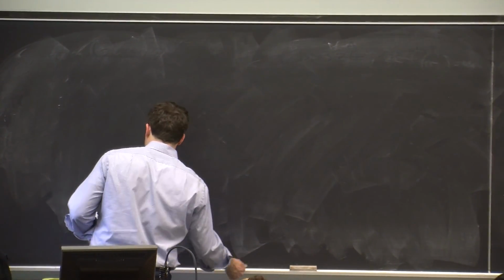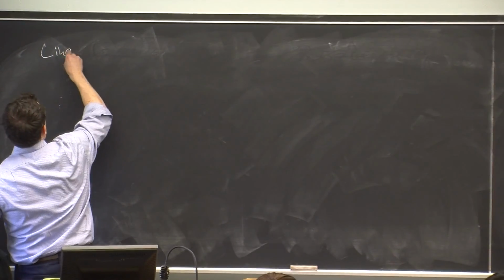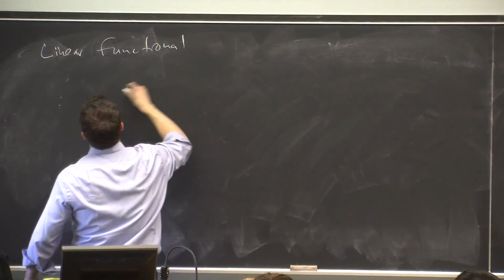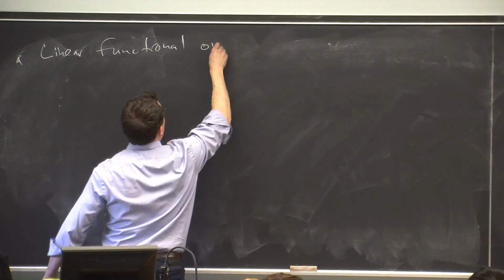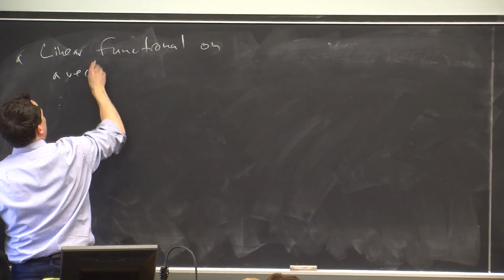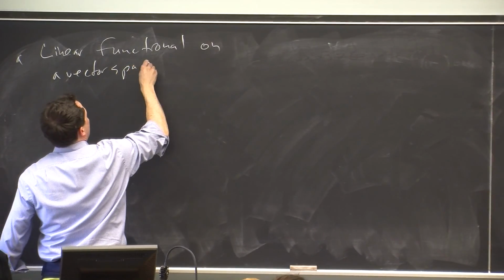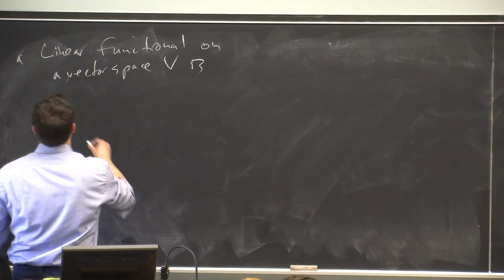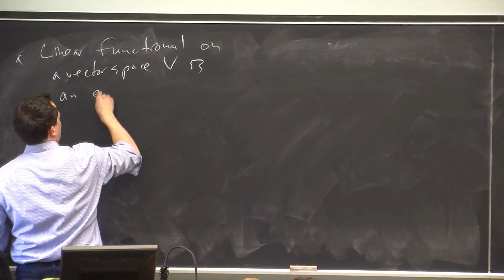So we're already very familiar with linear functionals. A linear functional on a vector space V is just an element of the dual space.